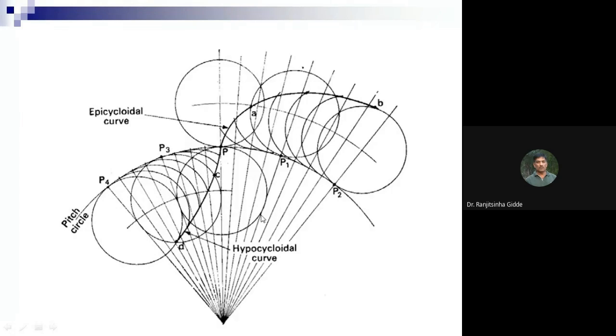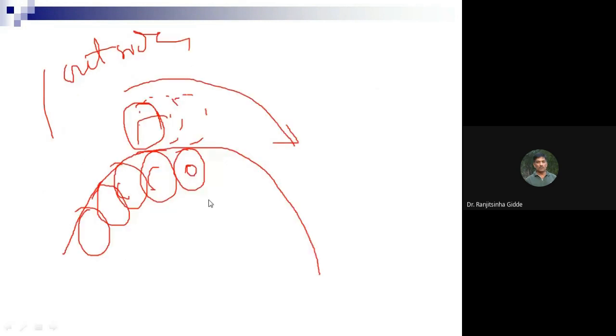So this cycloidal curve consists of two parts. One is epicycloidal this way, and another one is hypocycloidal, right? Here I can draw teeth so you will understand.